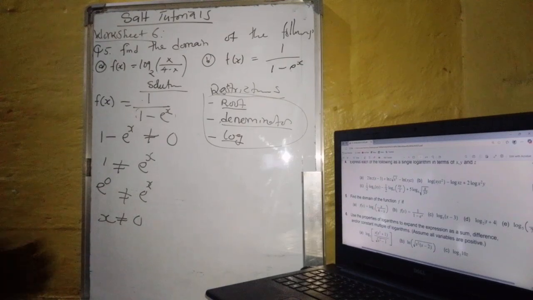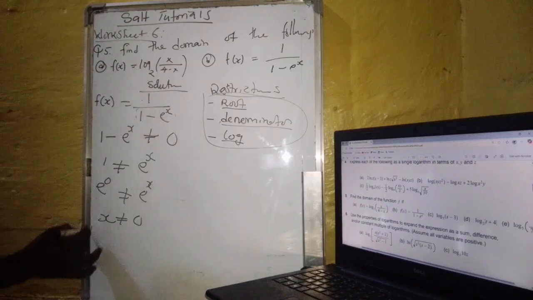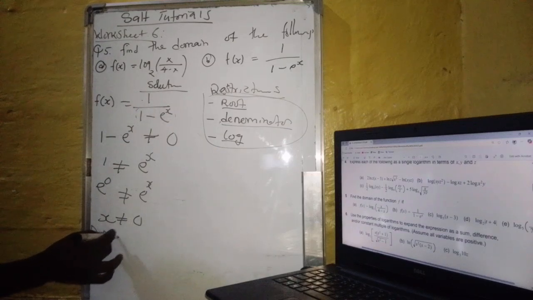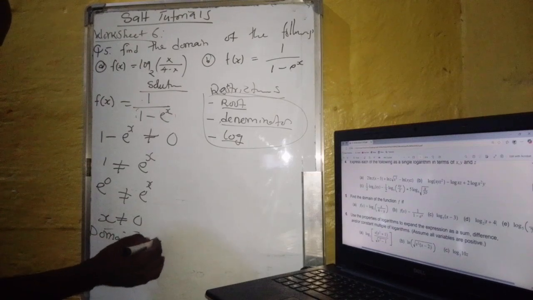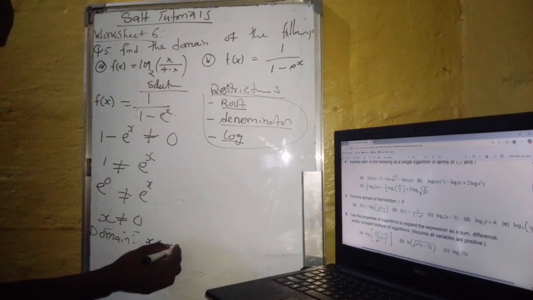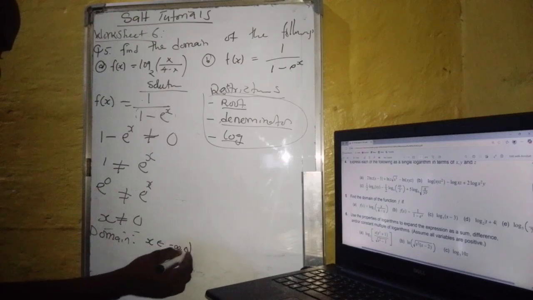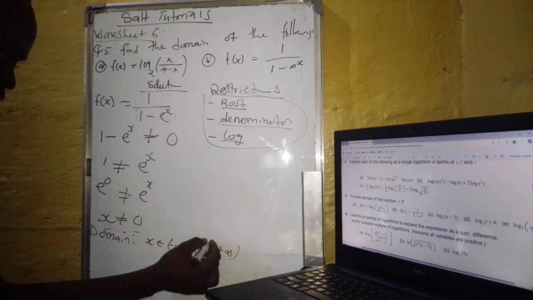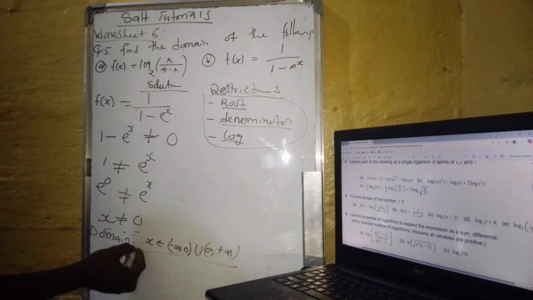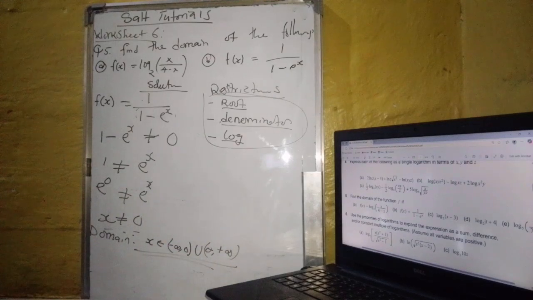So my domain for this function can be anything except 0. So x is not equal to 0. You can have any value of x except 0. My domain is x a member of from negative infinity to 0, then you jump from 0 to positive infinity. This is our domain for the function given.